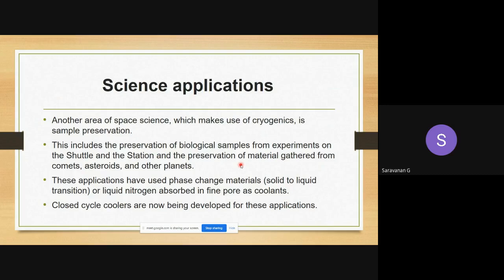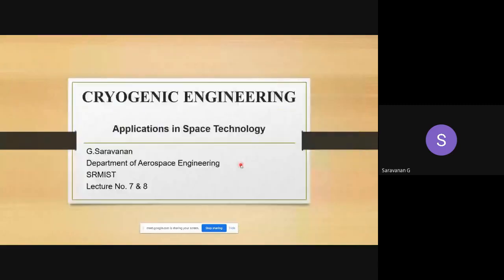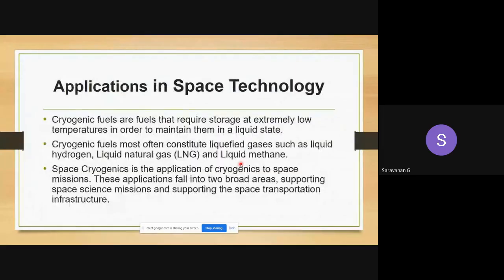As I told earlier, there are two broad areas of these applications. One is supporting the space science missions. The other is supporting the space transportation infrastructure. So far we have been discussing space science missions, which started with the application of liquid helium, liquid hydrogen, liquid nitrogen, and liquefied LNG gases.